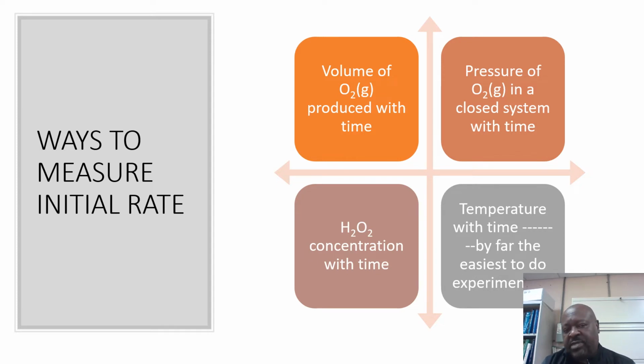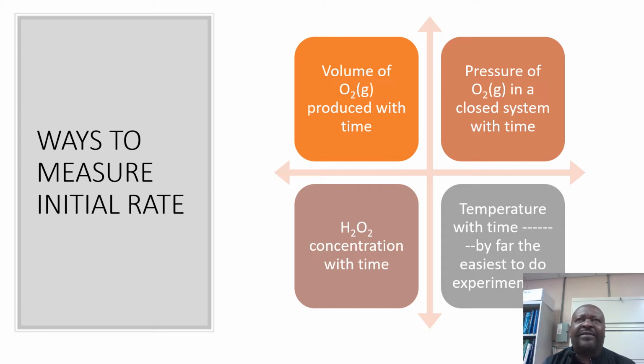So, given the reaction that in this case hydrogen peroxide goes to water and oxygen gas, there are a number of ways that can be done in order to profile the reaction. You could measure the volume of oxygen produced with time. That would work. You could measure the pressure if you are operating in a closed system with time. That works.